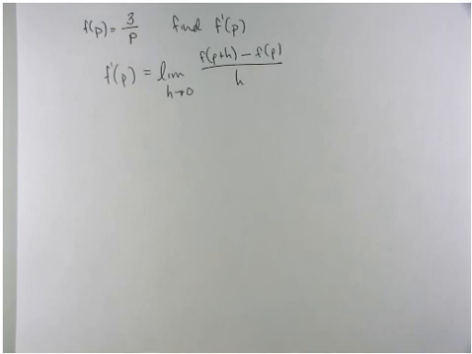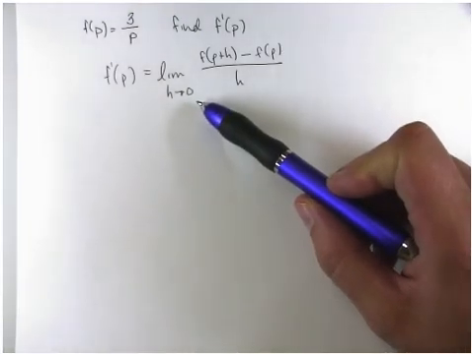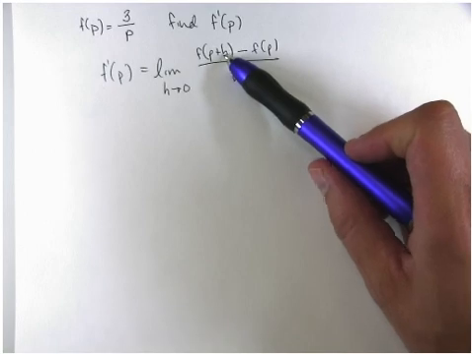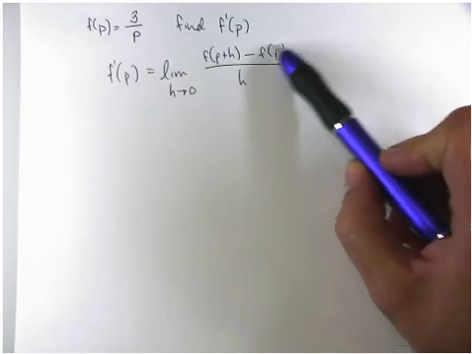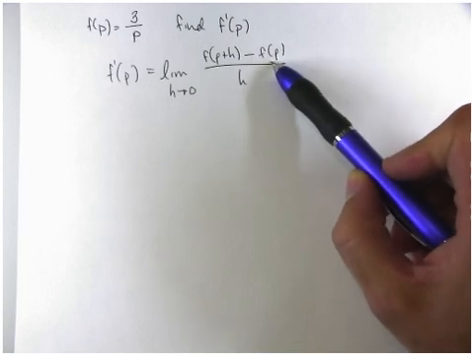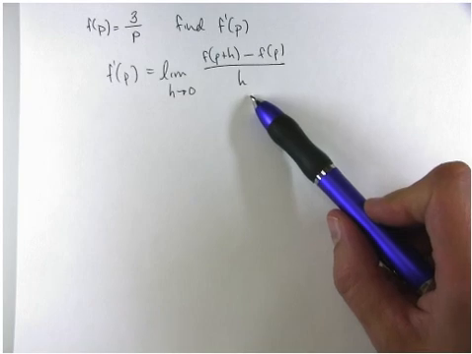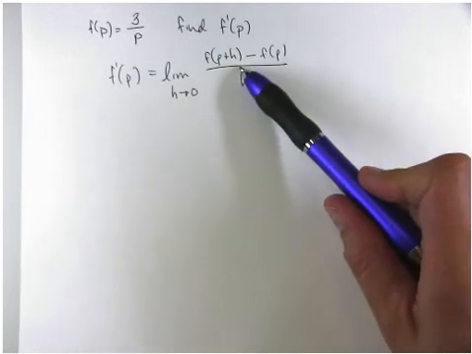It's a difference in outputs divided by a difference in input. This h is something that is increasingly small, and so I added it to the p that I'm plugging in to get a new point, and here's the output of the new point, and here's my old input, just plain old p. So here's the difference of those. And then I'm dividing by that difference in inputs, which I defined to be h. That's why I added it up here.